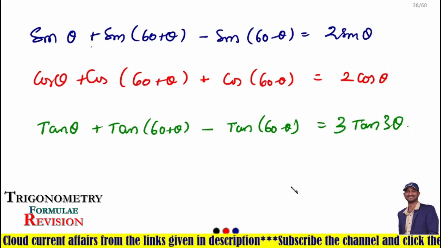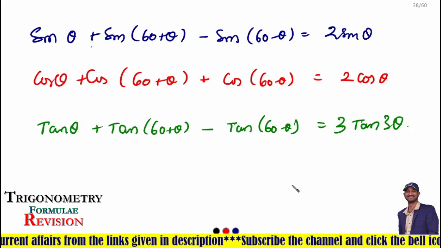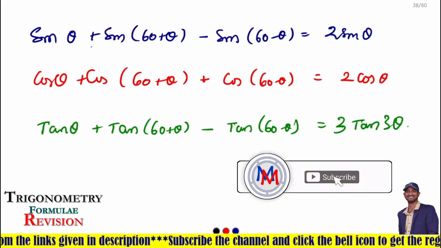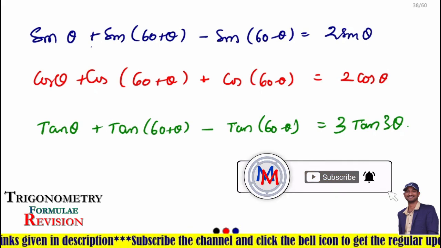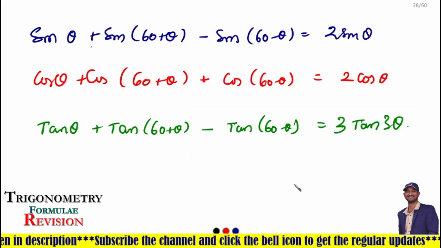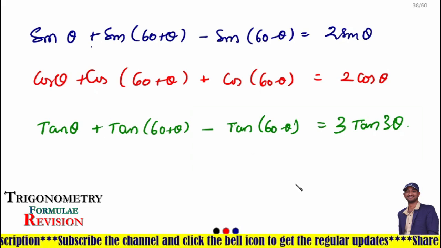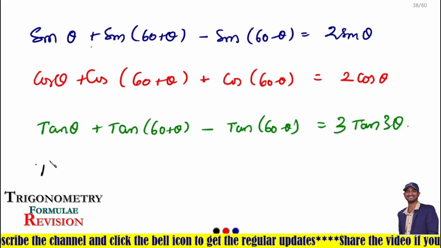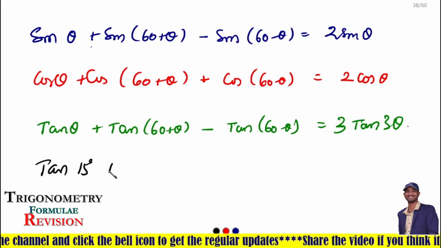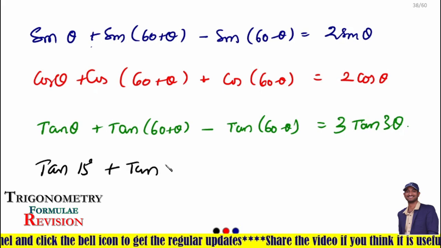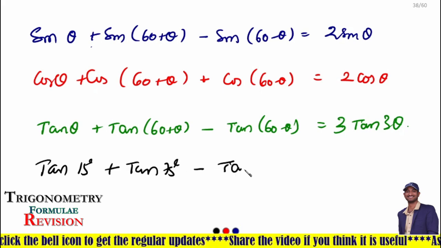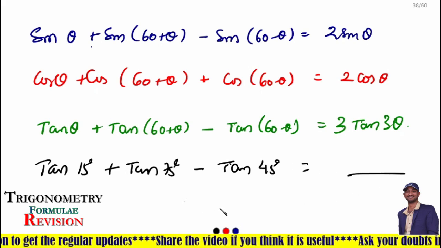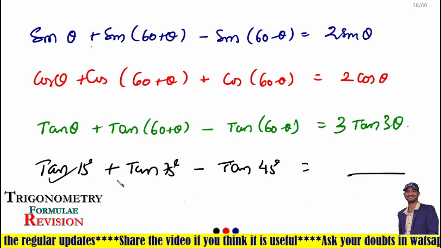Sir, how can we get a quotient from this? Most of the people have doubt in this. How can we get a quotient? Directly you may get some quotients like this. What are those? For example, tan 15 plus tan 75 minus tan 45 is equal to how much? Sir, I know the value of tan 15, you already told me.